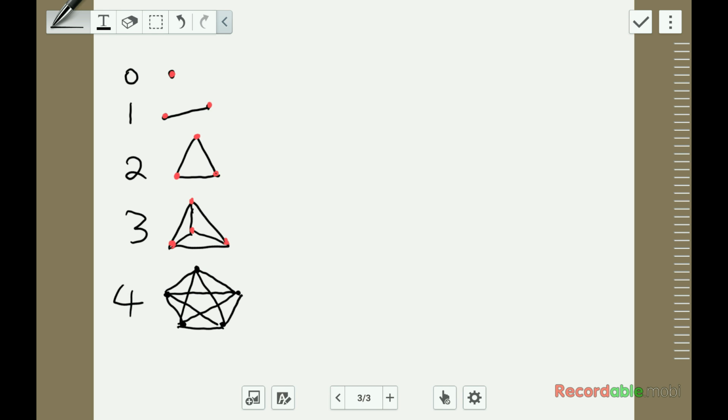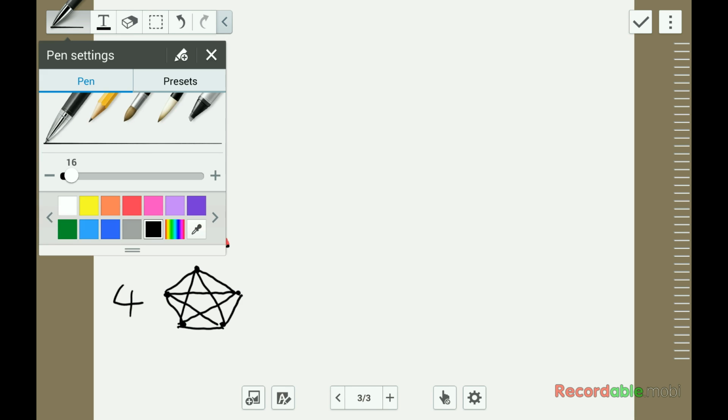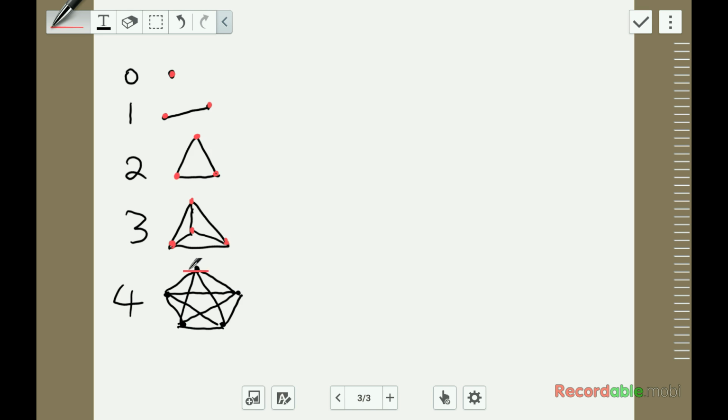So this is sort of like a triangle in 4 dimensions, if you like. And I think it's fairly easy to see how one can carry on this sort of pattern. One could draw a hexagon, connect all the lines, and that would be a 5-dimensional simplex, and so on and so forth.